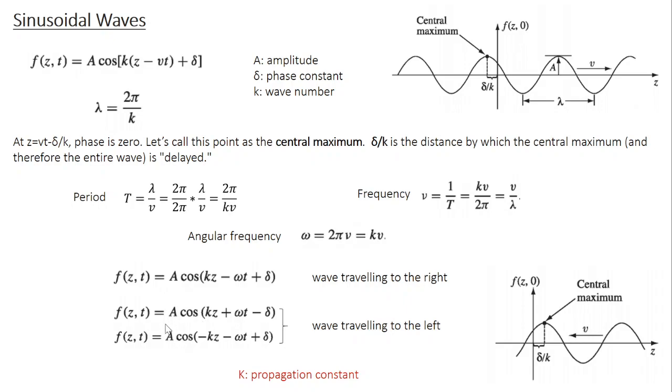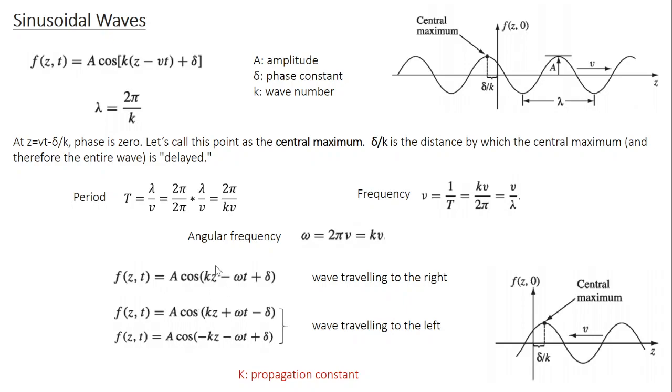So this is the new equation for a wave traveling to the left. Compare this equation and this equation. Everything looks exactly the same except for the k term. Here k is positive, here k is negative. So just by switching the sign of k, you get a wave traveling in the opposite direction.